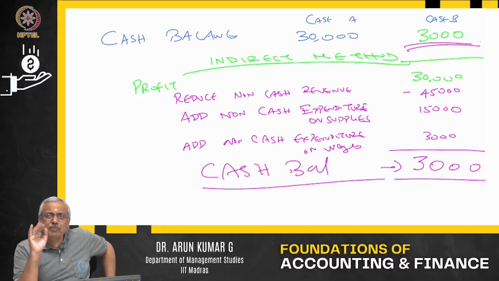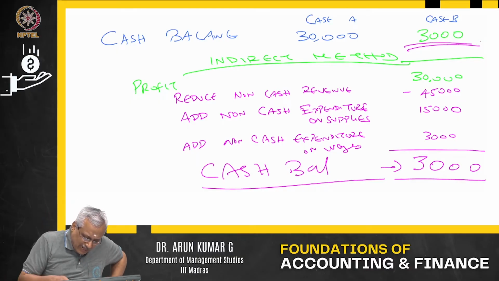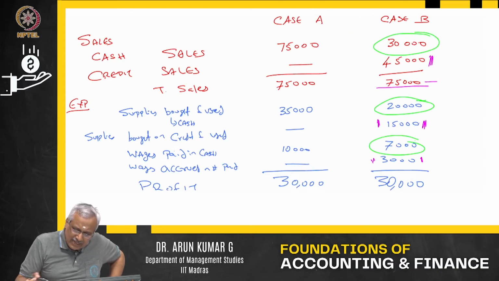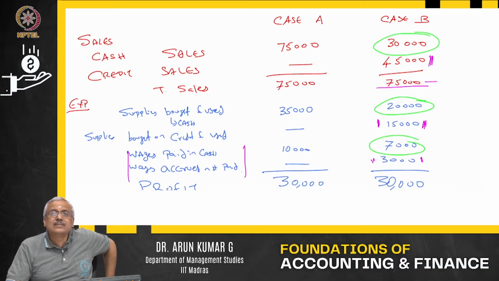Yes, simple. Depreciation is a non-cash expenditure. You will know from the P&L, agreed. Now there is wages paid 50,000. Now what is due still? In this particular case, what did I do? I gave you in the form of two parts, paid in cash, paid in credit.